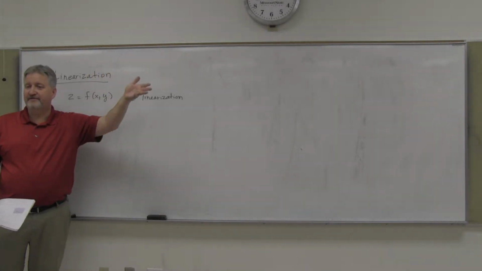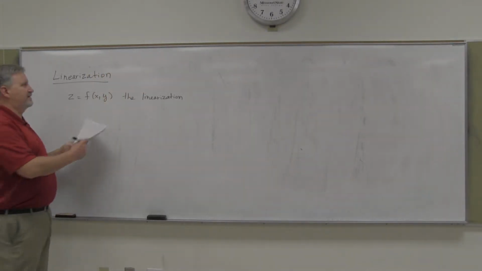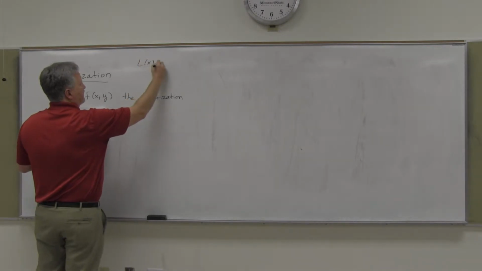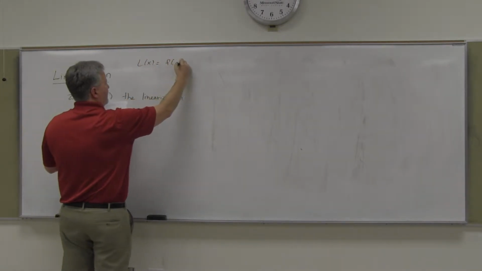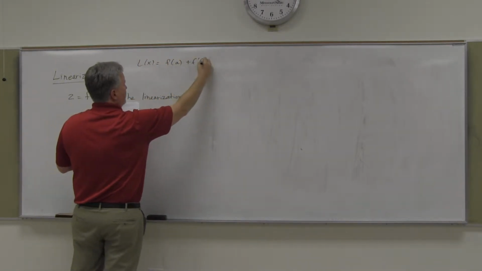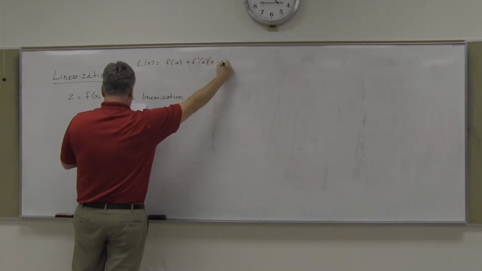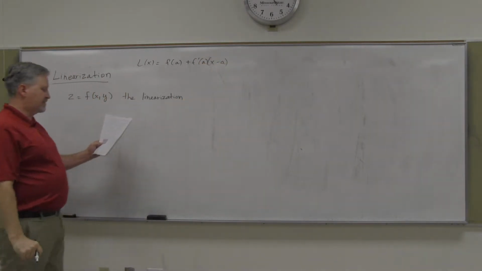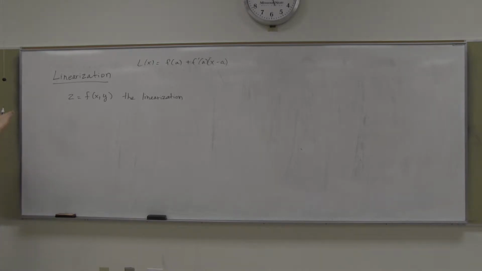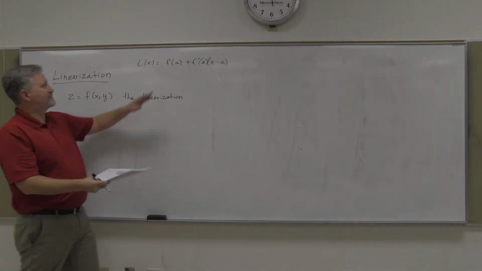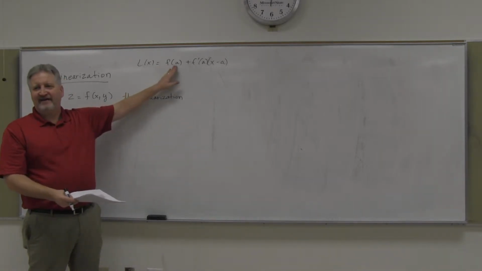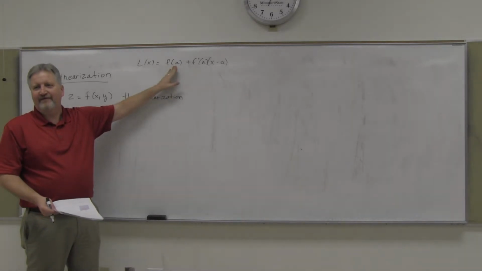That's really what the linearization was. L of x was f at a plus f prime at a times x minus a, if I remember right there. But what that amounted to was just the tangent line at a. Okay, that's what that was.